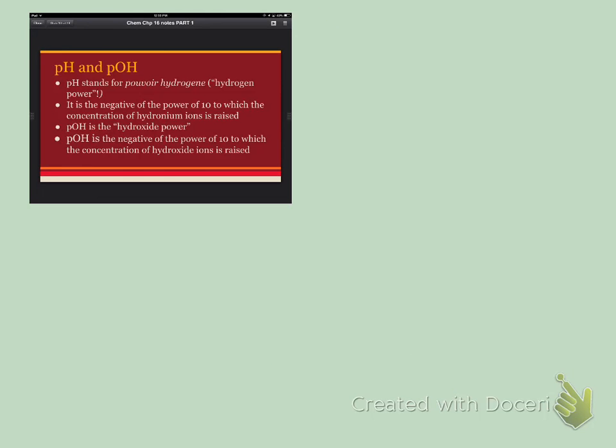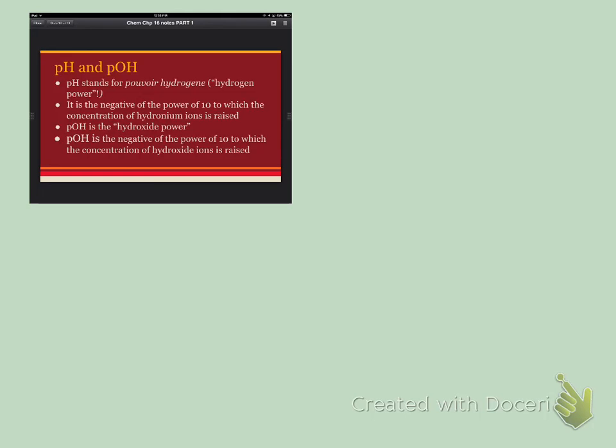Inquiring minds want to know. You've been kept awake at night wondering what pH stands for. Pouvoir hydrogène. It is French for hydrogen power. Hydrogen power! So you can get a cape, and you can go as Captain Hydrogen for Halloween next year with a wand that transforms people into naked protons.